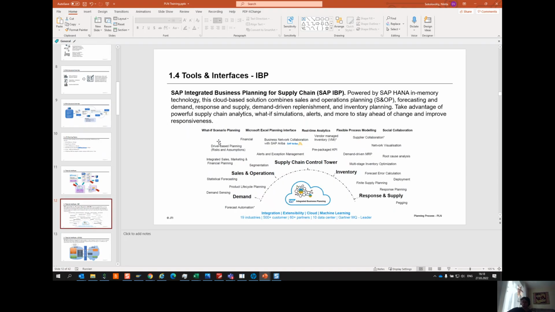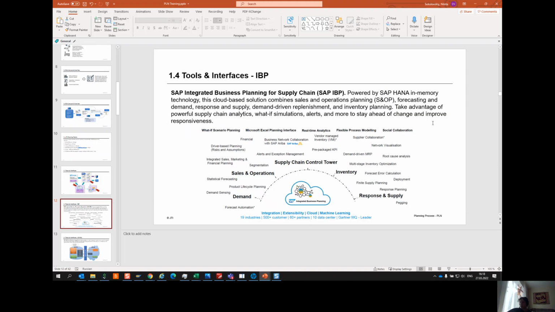But what is actually IBP? Moving to every block. IBP stands for Integrated Business Planning for Supply Chain.